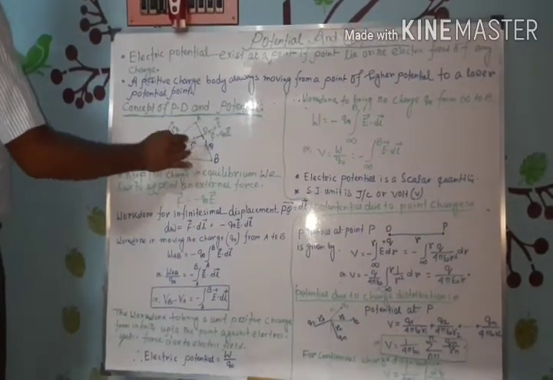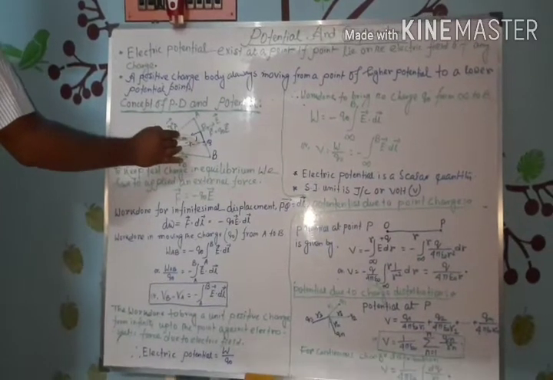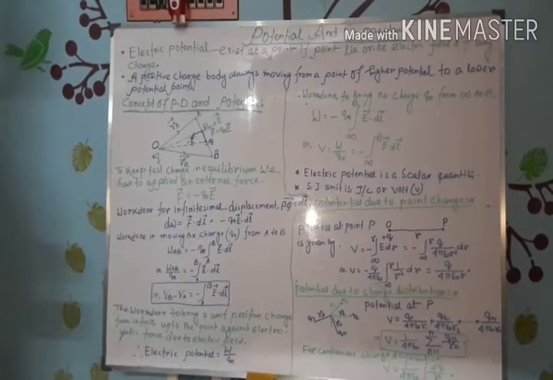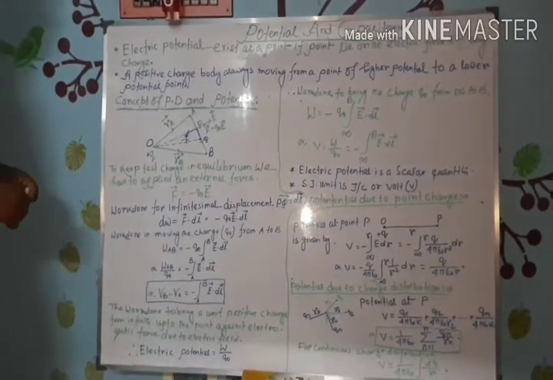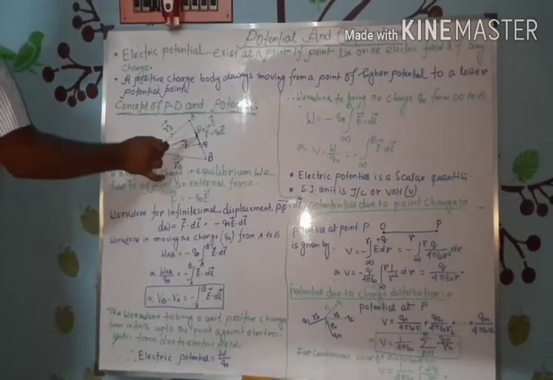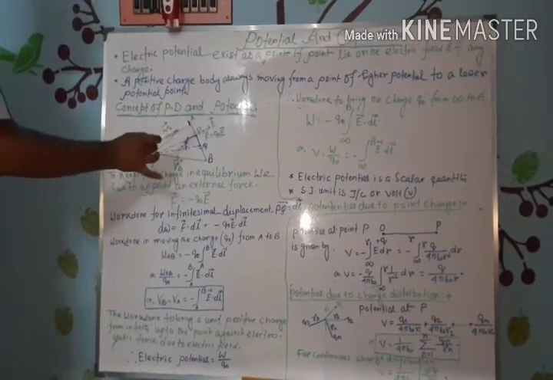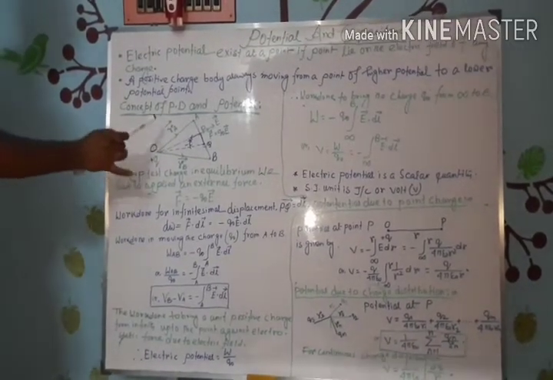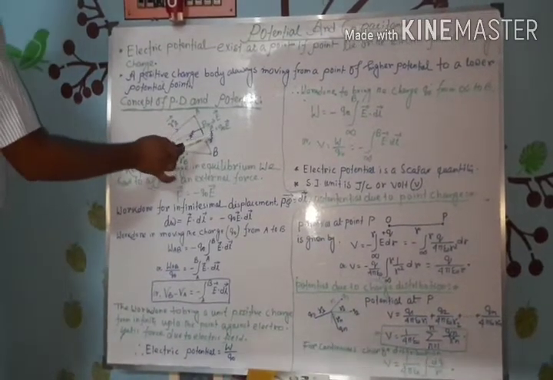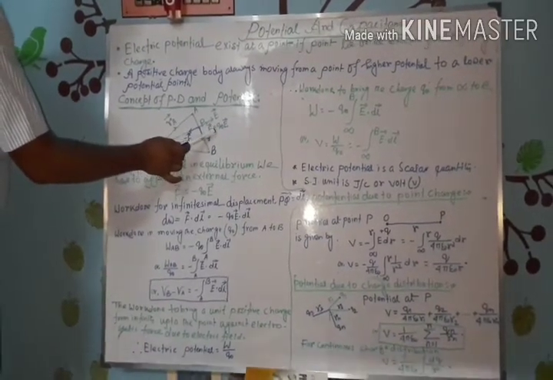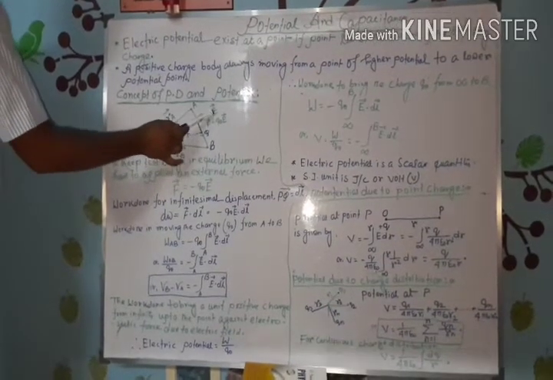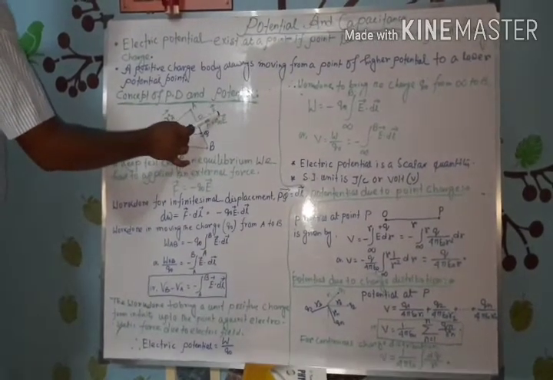Okay, so here the test charge is indicated by Q naught. Now, when the test charge reaches point B, due to the electric field of the charge Q, a force acts on the test charge, given here as F equal Q naught E, acting along the direction of the electric field.